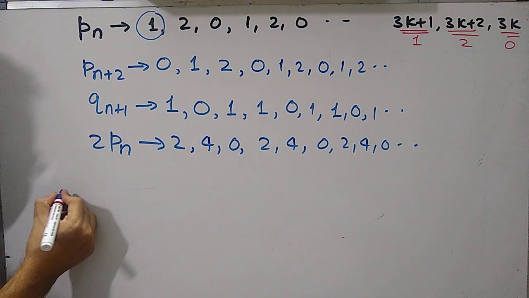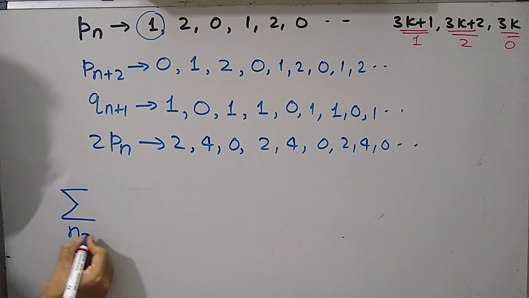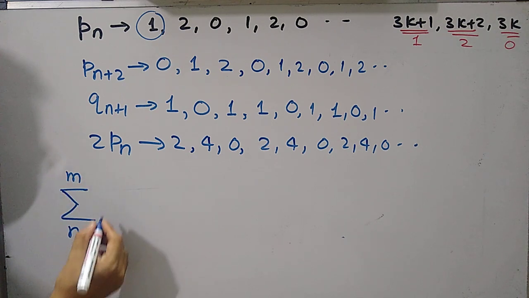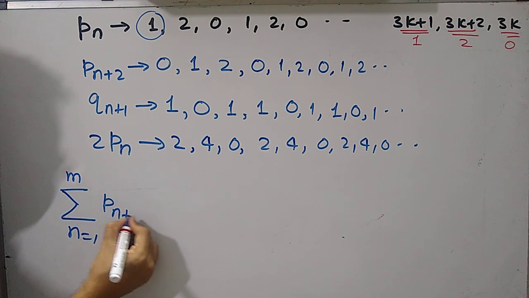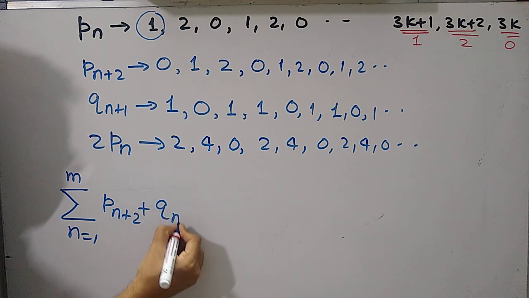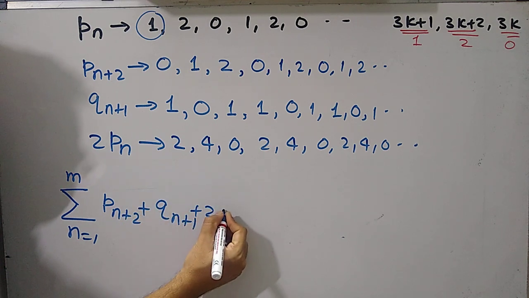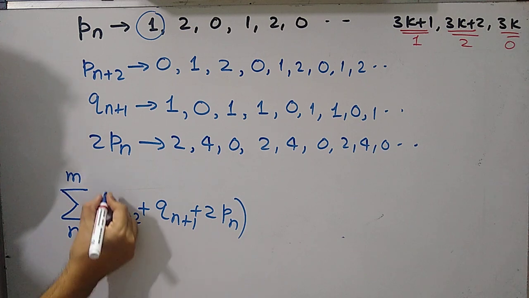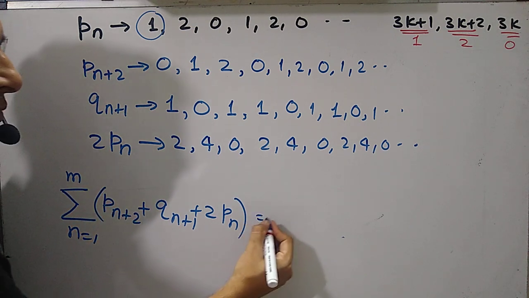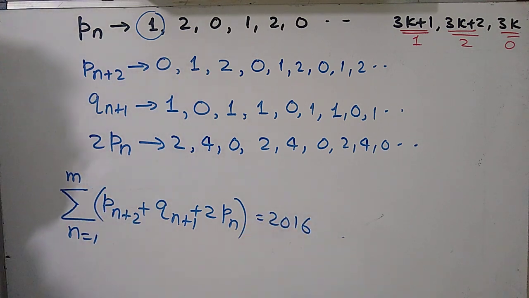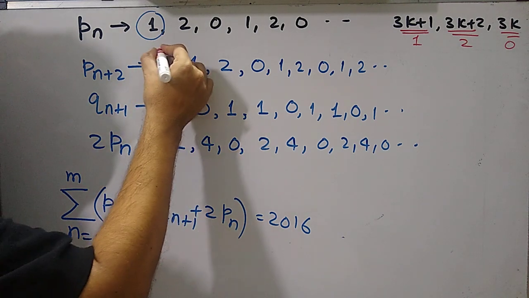Then we have to find out the sum from n equal to 1 to m of Pn plus 2 plus Qn plus 1 plus 2 times Pn, and this is given as 2016.